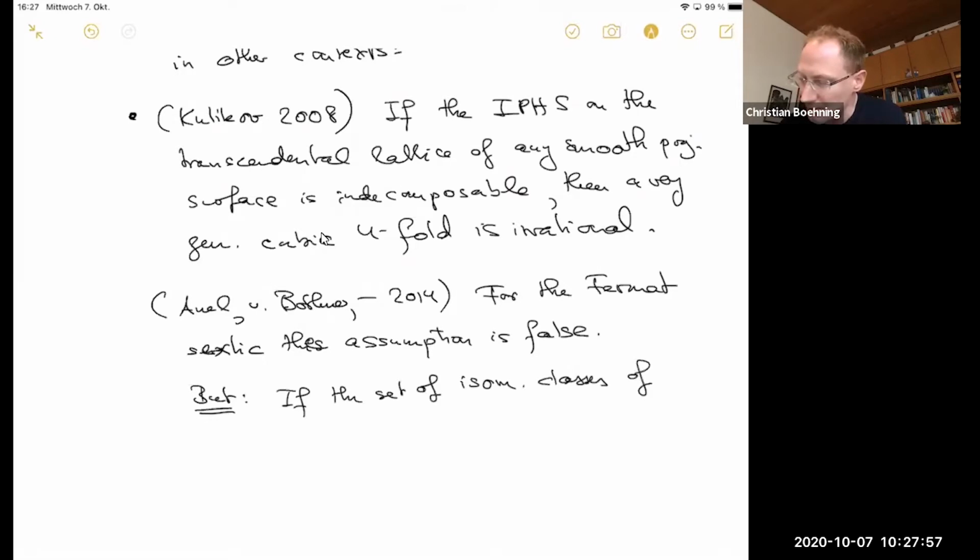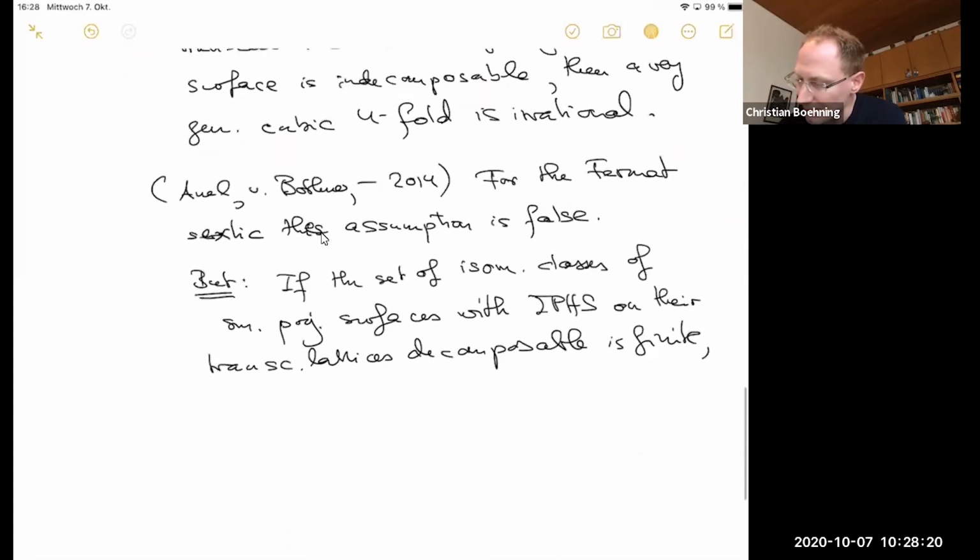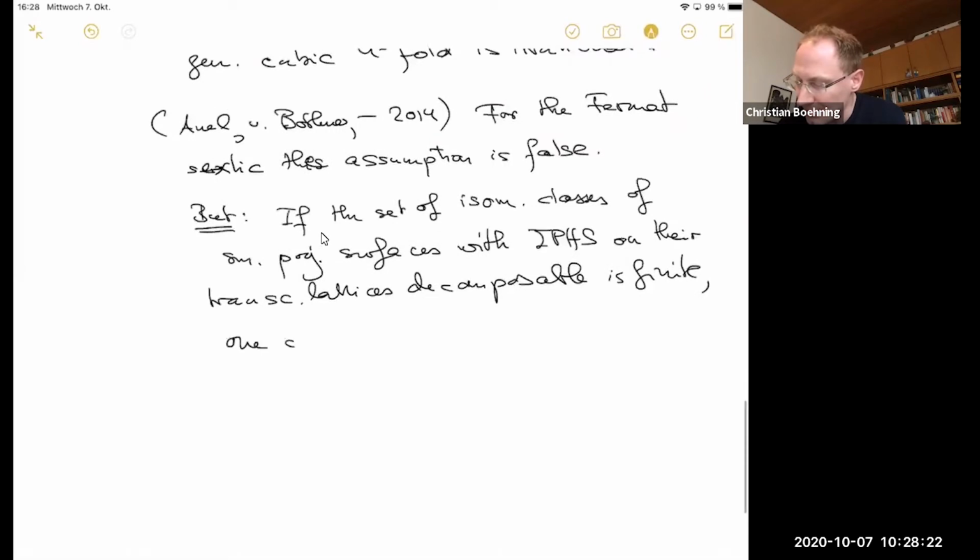So if the set of isomorphism classes of smooth projective surfaces with integral polarized Hodge structure on transcendental lattices decomposable is finite, then one can still conclude irrationality of very general cubic fourfolds.